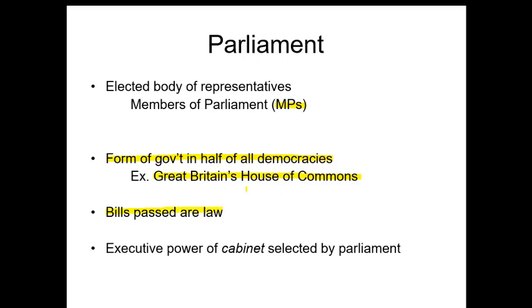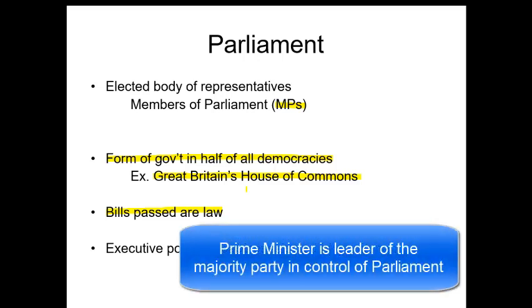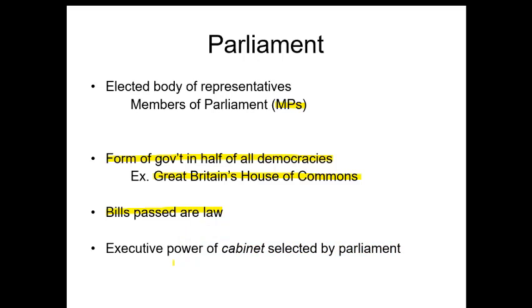And so we'll see the major differences here between the parliament systems and the presidential systems is that the Parliament has pretty much total control, particularly the majority party or the coalition government, because there is no president that will be signing the bills. The prime minister is the leader of the majority party, and the majority party and the prime minister have considerable control over government while they're in power.